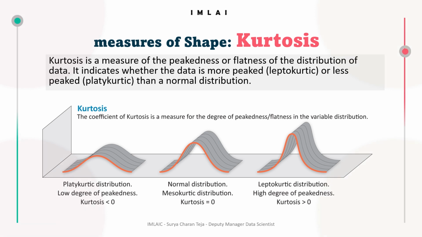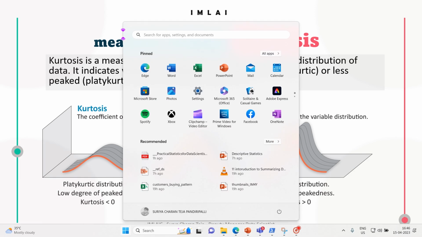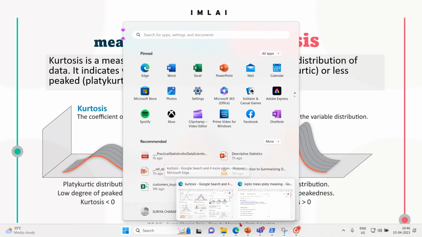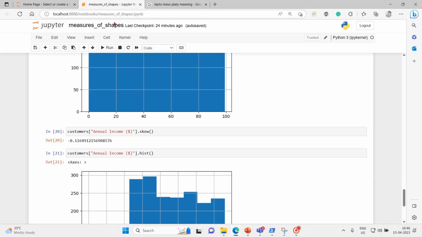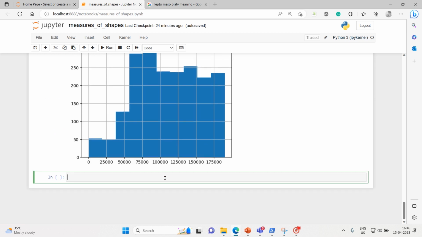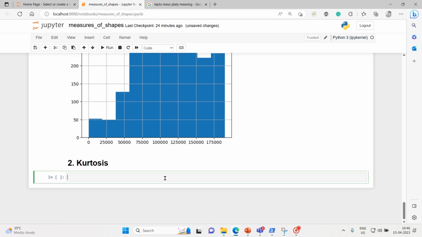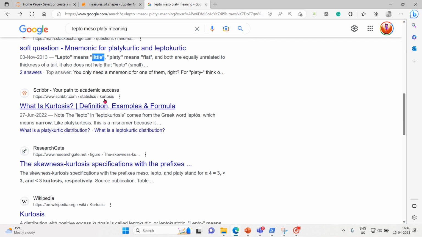Let's look into this with one example, then we will understand more about kurtosis.